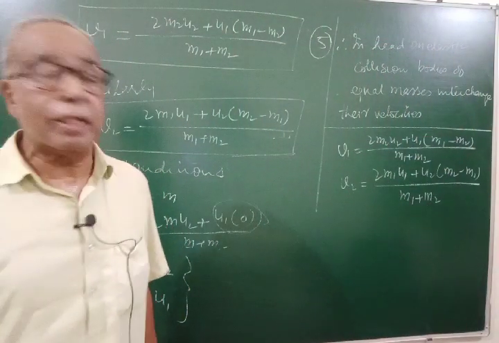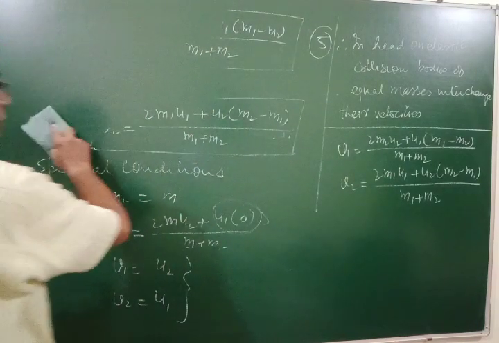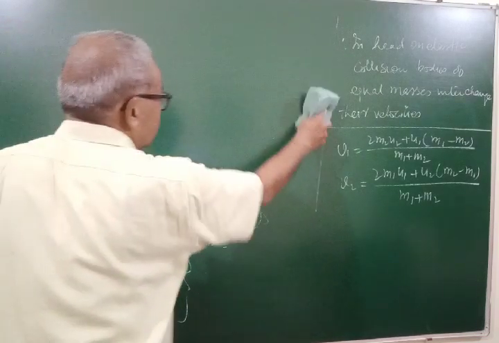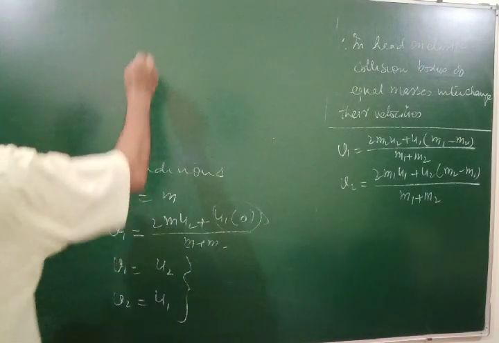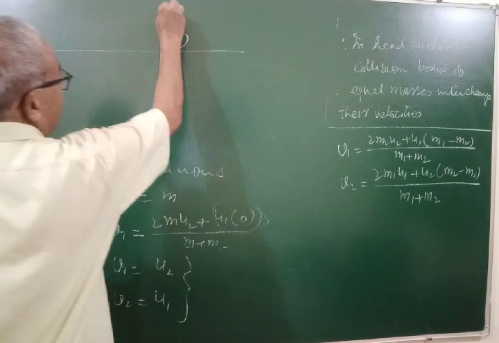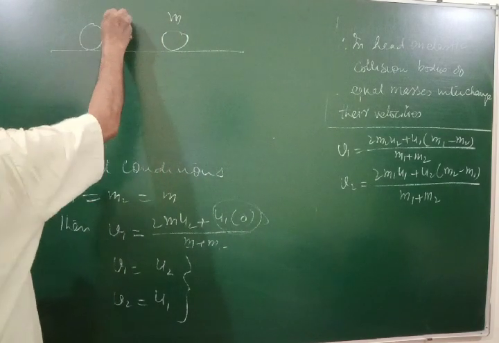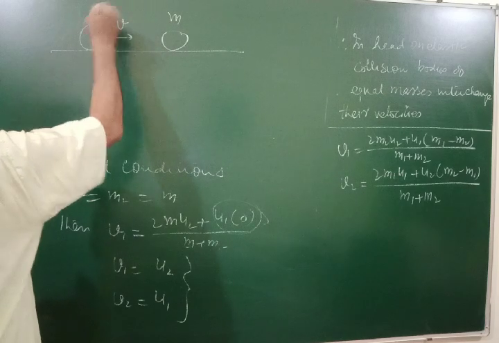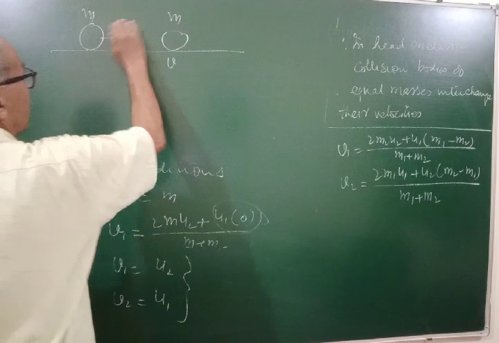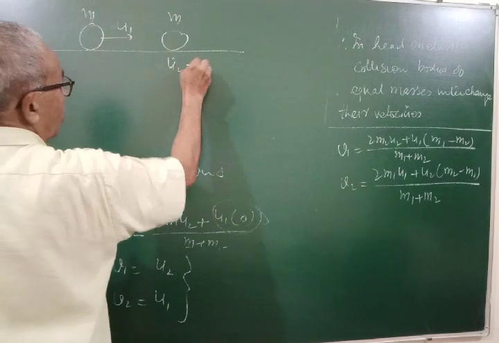So one case is there when two bodies of equal masses collide elastically, they interchange their velocities, and as a result of this, you can see here, suppose this is a body of mass m at rest. Mass m1 is coming with velocity u1, u2 is 0.